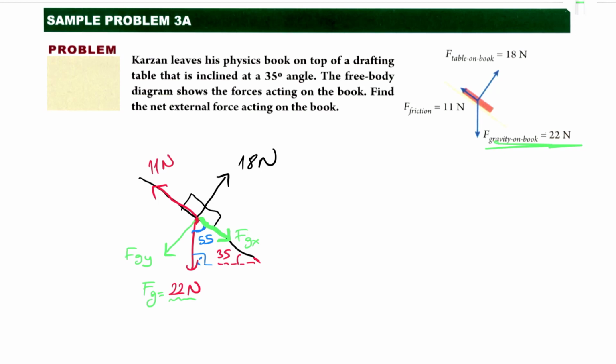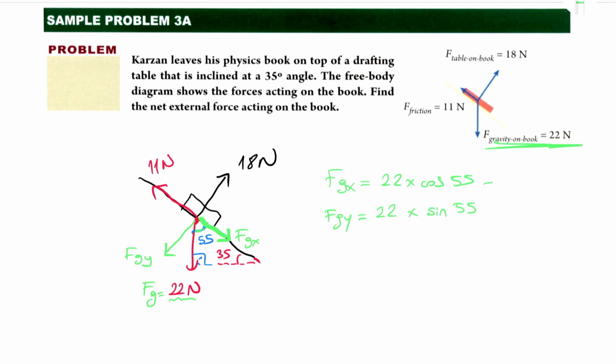How can we calculate Fgx? Fgx is standing at the adjacent of the angle, so it will be 22 times cosine 55, and Fgy is standing at the opposite of the angle, so it will be 22 times sine 55.